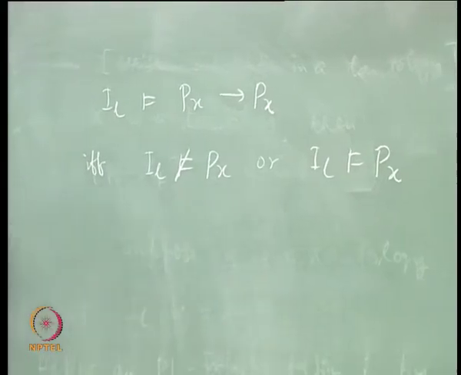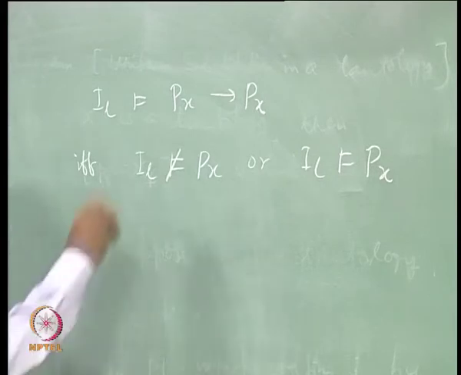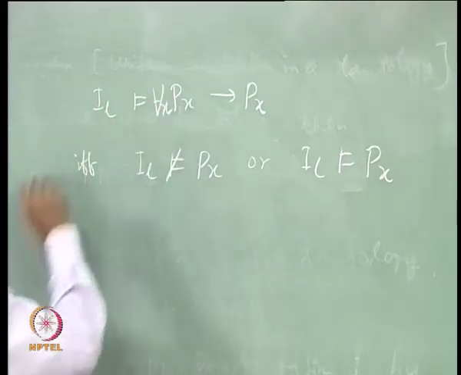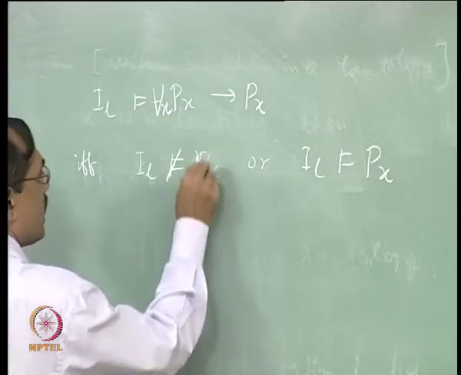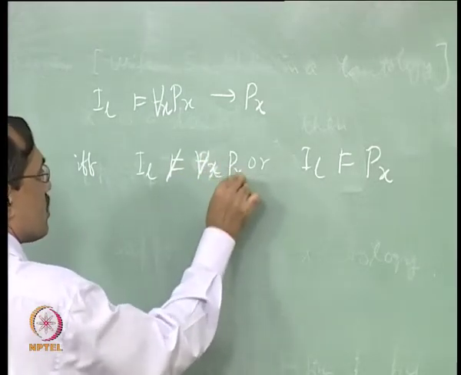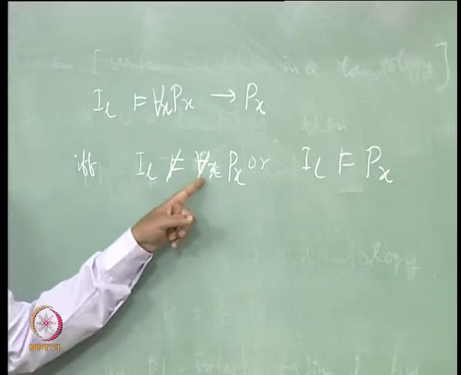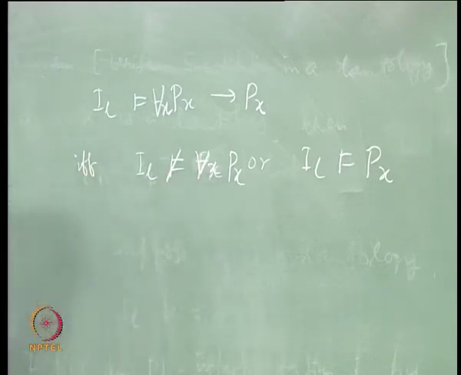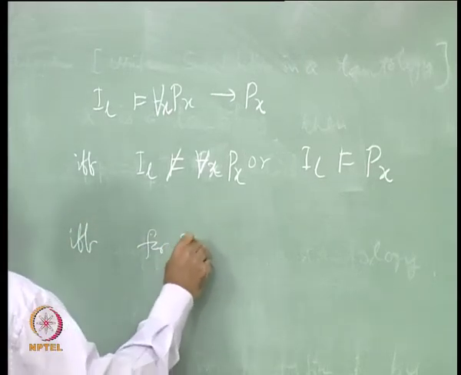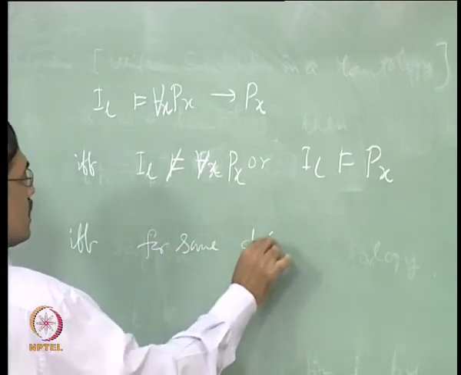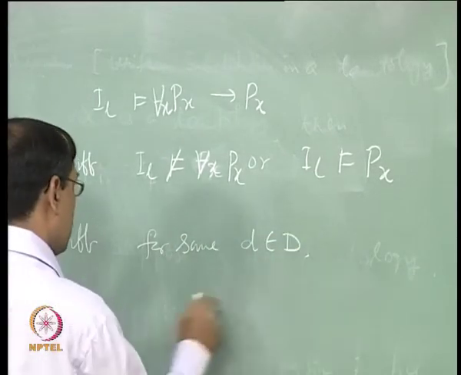If it is something more, let us say for each x P x implies P x, this is what we want to do, then this step will be does not satisfy for each x P x or I L satisfies P x. So, there is one more thing to be done for the quantifier. So, we go next, we write if and only if for some D in our domain, right, what happens?